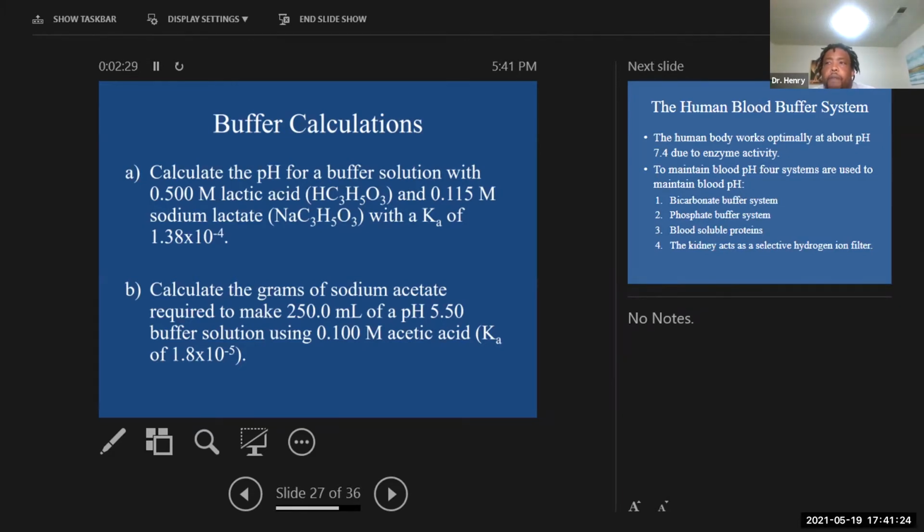Okay, if we think about this problem, we have an acid. What is our acid in this case? Lactic acid. Okay, so we have lactic acid as our acid.